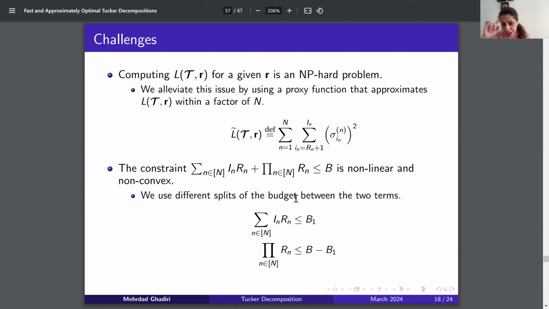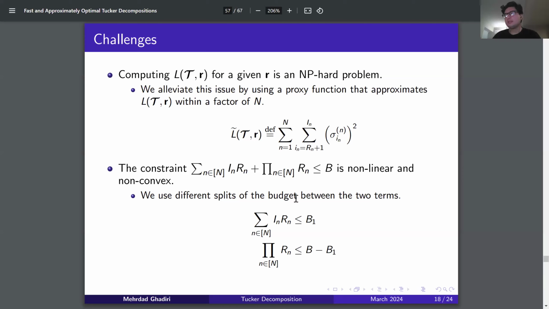The effective degrees of freedom that they define, they use it for the ridge regression problem. I don't know if this proxy is related to that. I don't know if you know about that. No, I don't know that. What is it called? Effective degrees of freedom. The paper that I'm referring to is here, but maybe we can discuss offline.